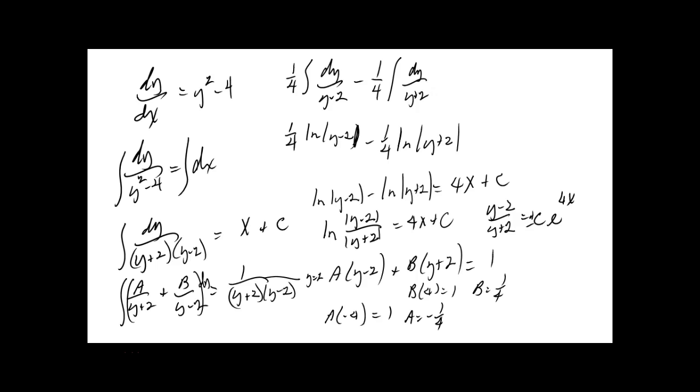And then what they did is this. y minus 2 is equal to, I'm going to leave the plus or minus in there for a bit, C e to the 4x times (y plus 2).